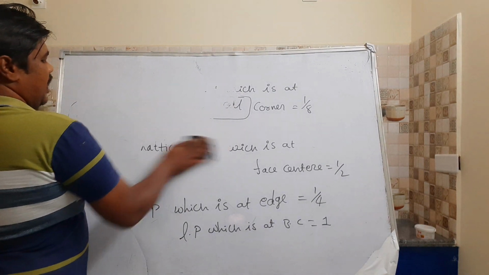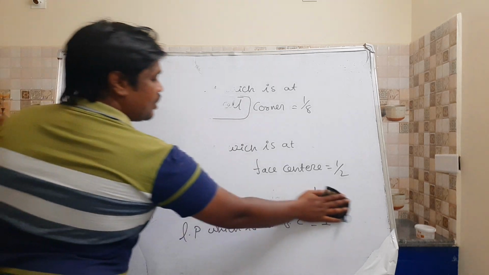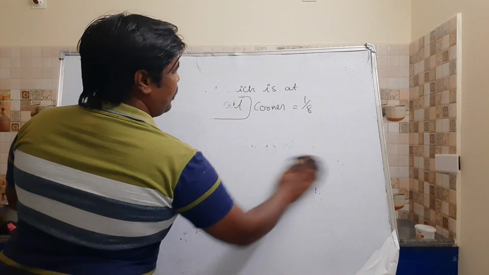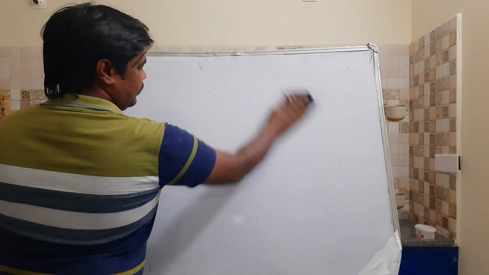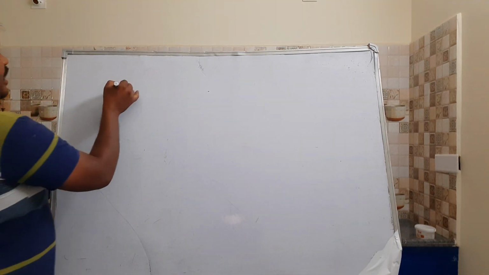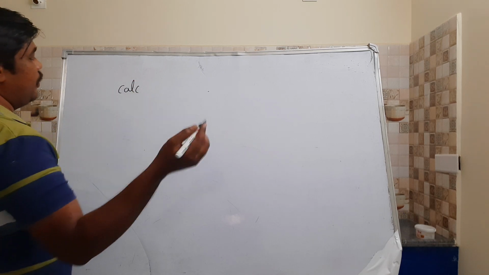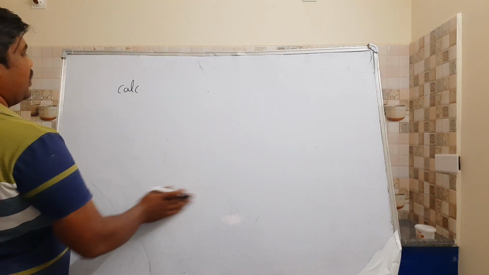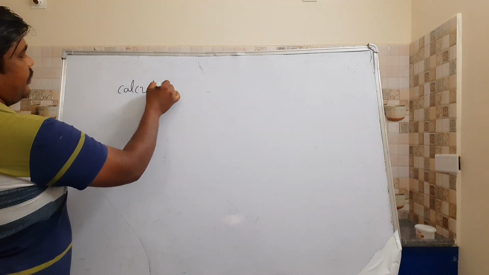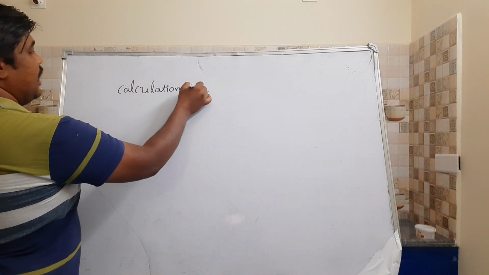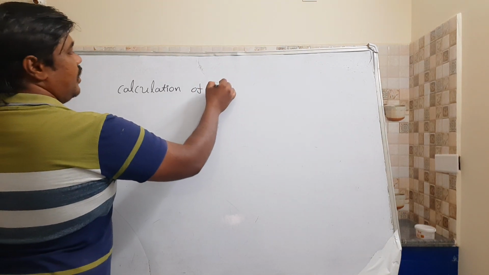Now take the heading: calculation of the number of atoms present in a unit cell. It is very, very important for your board examinations as well as for your competitive examinations.